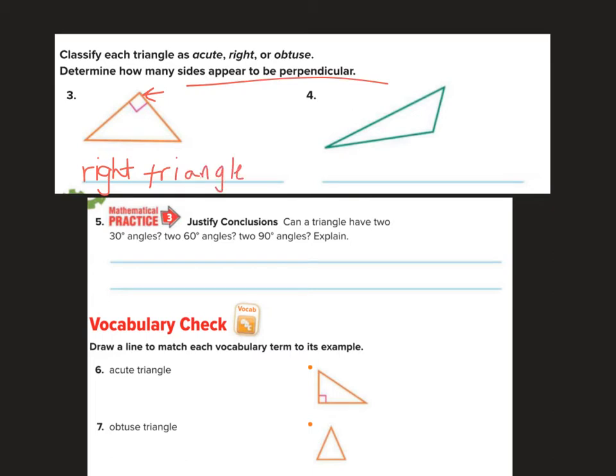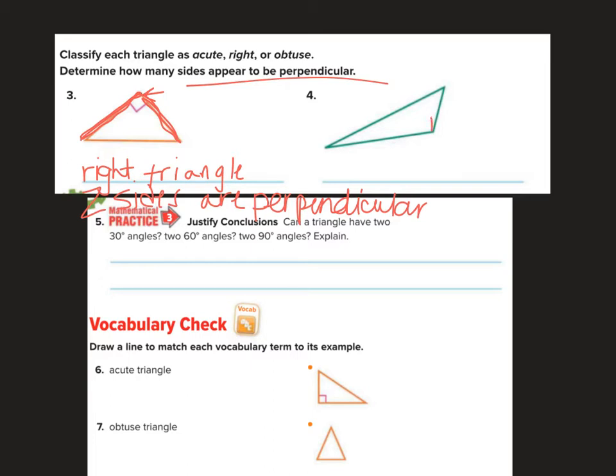Right triangle. And how do I know? Because how many sides appear to be perpendicular? If this is a side and this is a side, we would say 2 sides are perpendicular to each other, so therefore it's a right triangle.